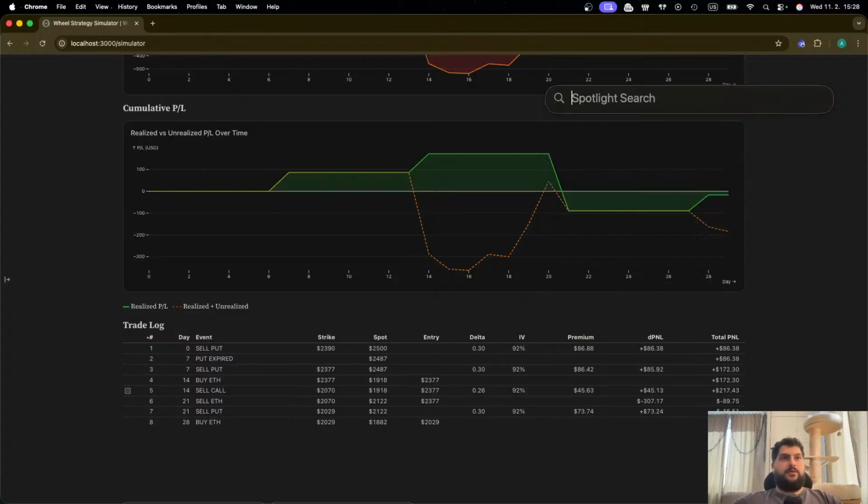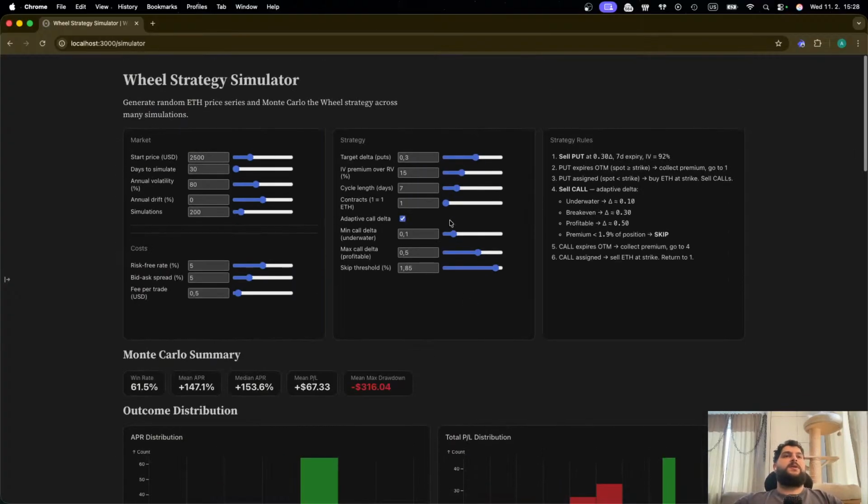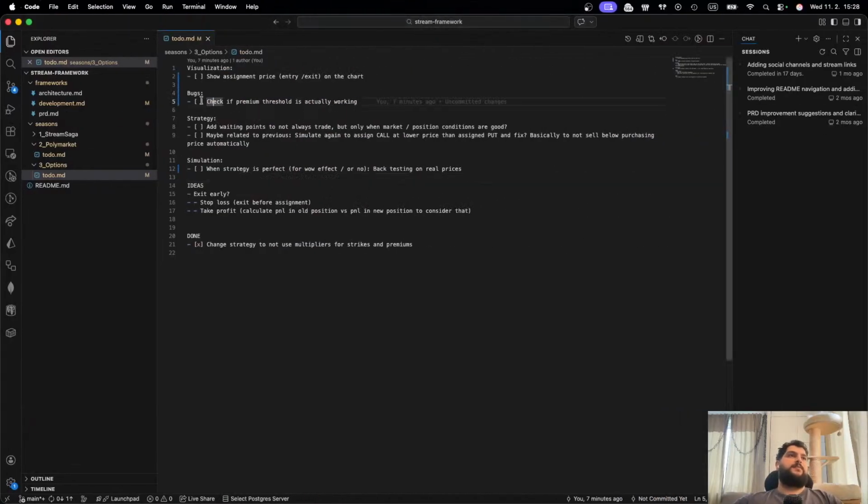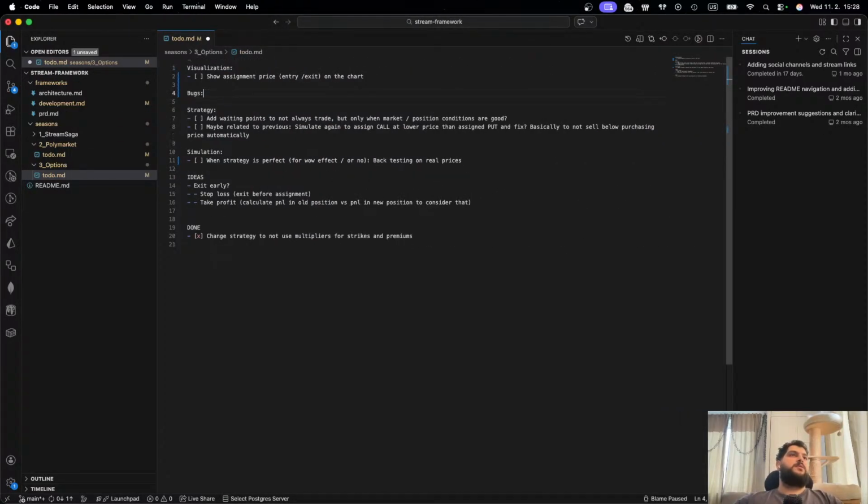Yeah. Okay. So I think it works. So we can remove this bug. Sure.